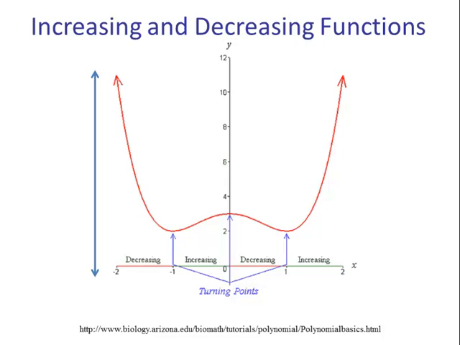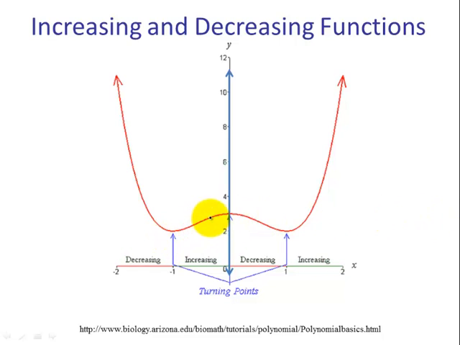Since we want to know the x values, we take our pencil, we line it up to the x-axis, and then we move our pencil along until we hit the turning point. So from -infinity up to this value, that's decreasing. So that's one section. Now the next section, we take our pencil and we move along until we hit the turning point.